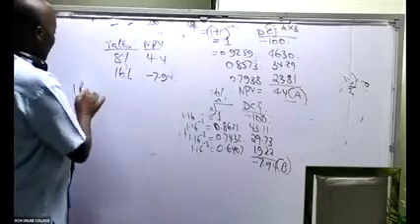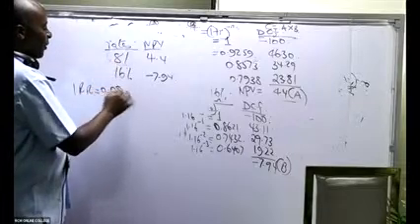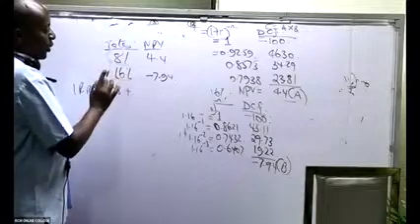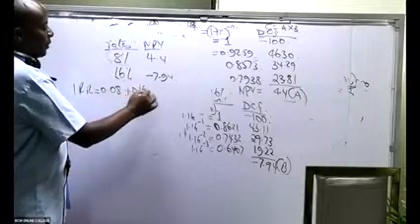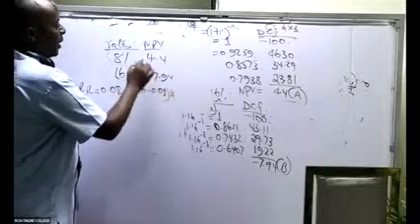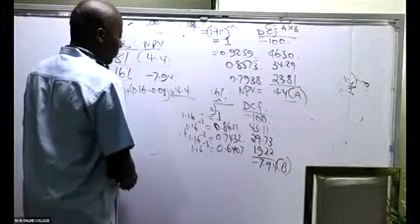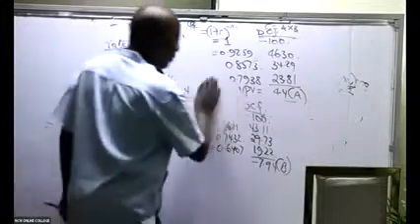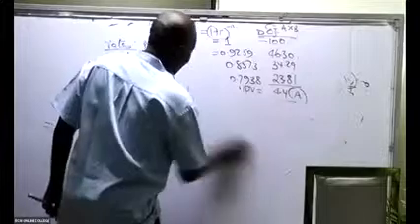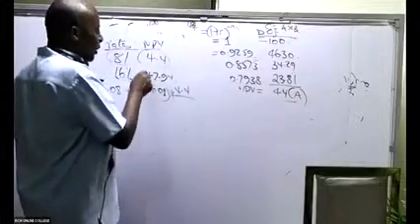So come and give us IRR: the lower rate between the two, 0.08, plus the difference between the 2 rates, so 0.16 minus 0.08, times A. A is the positive one, 4.4, all over the absolute sum. Absolute sum means that you simply take this plus this, assuming this is positive.